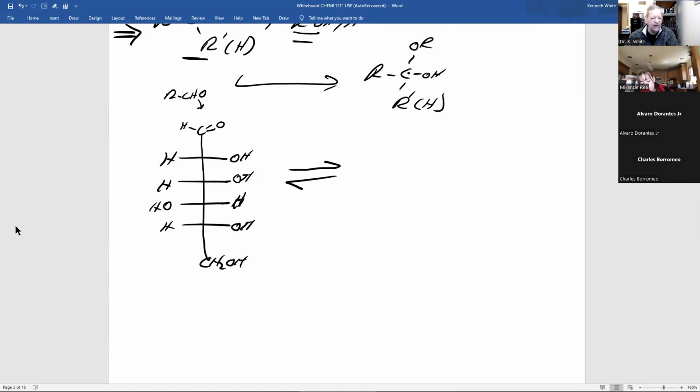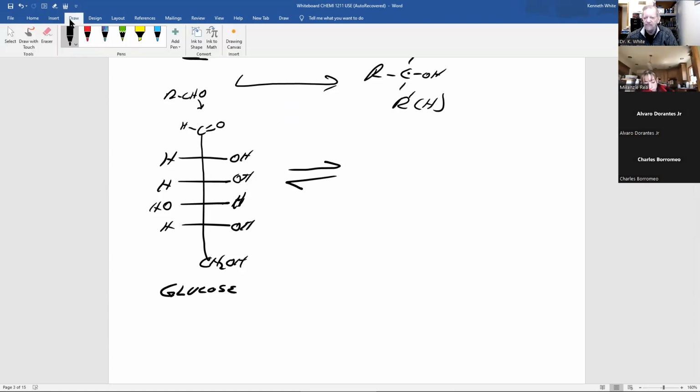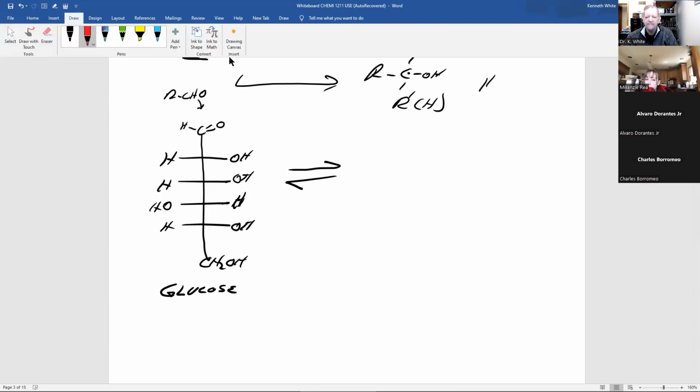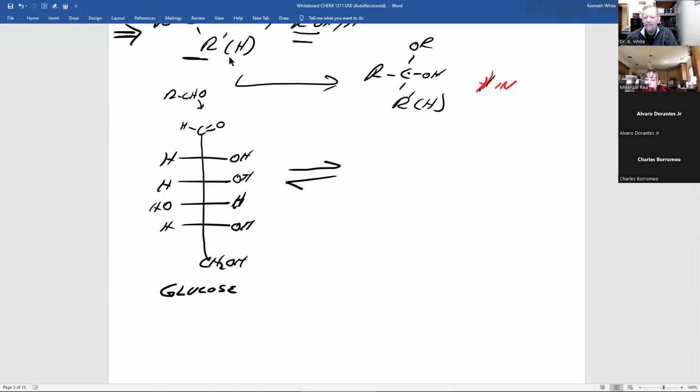Now, let's take a look at, and this is glucose. Know this equilibrium.